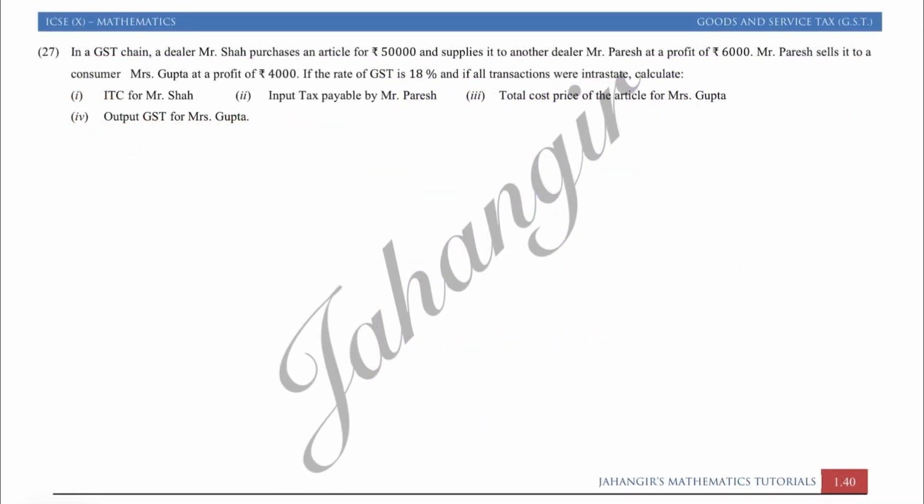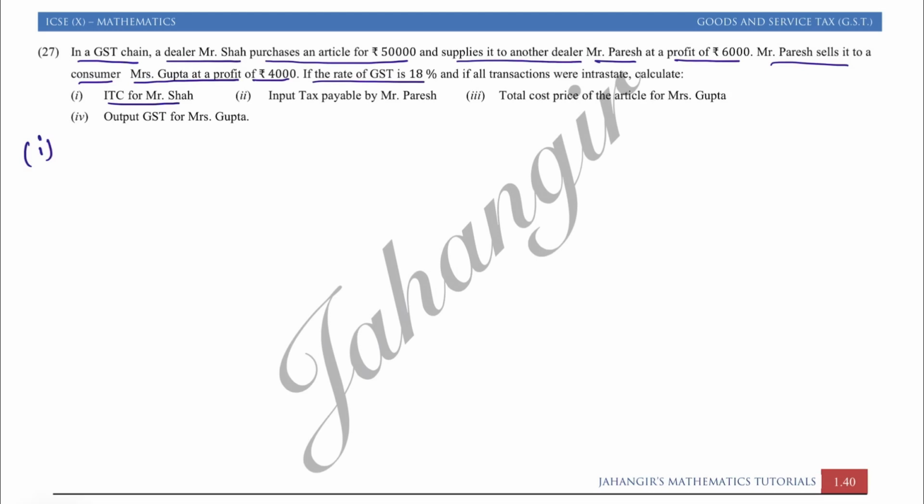Question 27. In the GST chain, a dealer Mr. Shah purchases an article for ₹50,000 and supplies it to another dealer Mr. Paresh at a profit of 6,000. Mr. Paresh sells to consumer Mrs. Gupta at a profit of ₹4,000. If the rate of GST is 18% and if all transactions are intrastate, meaning within the same state, in the first part we have to calculate ITC for Mr. Shah.